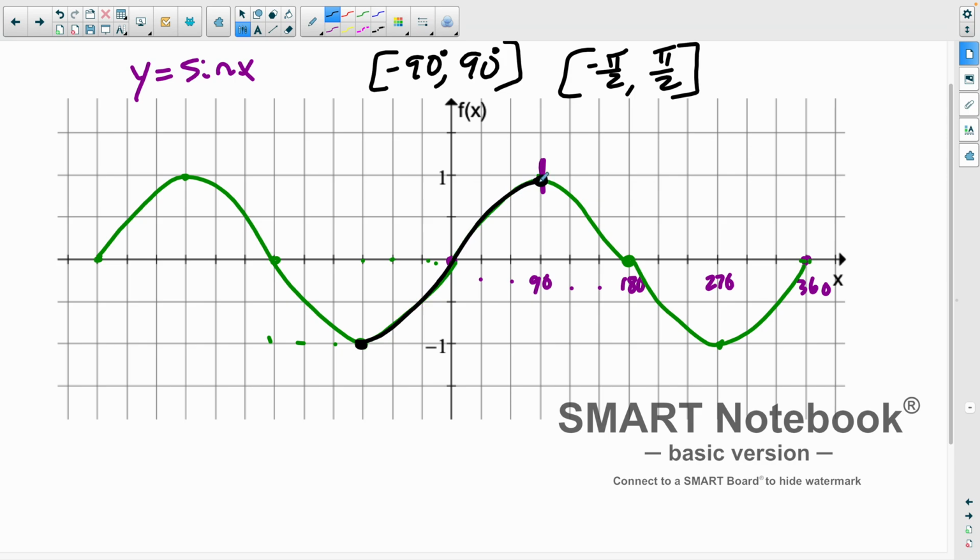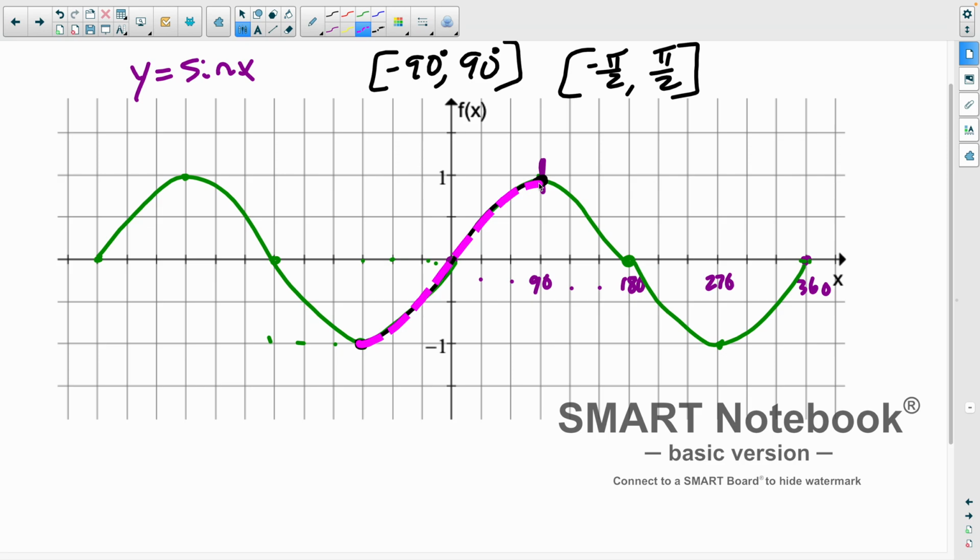If I only graph that part right there, let me do it in a little bit different color so you can see it. If I only do that part right there, is it a one-to-one function? Yes. So I have to make it one-to-one before I can find the inverse. Okay with that so far?